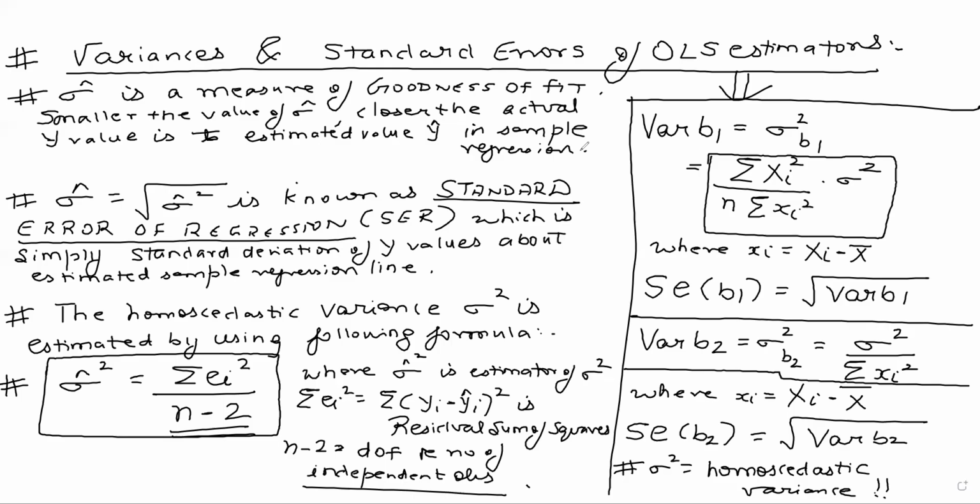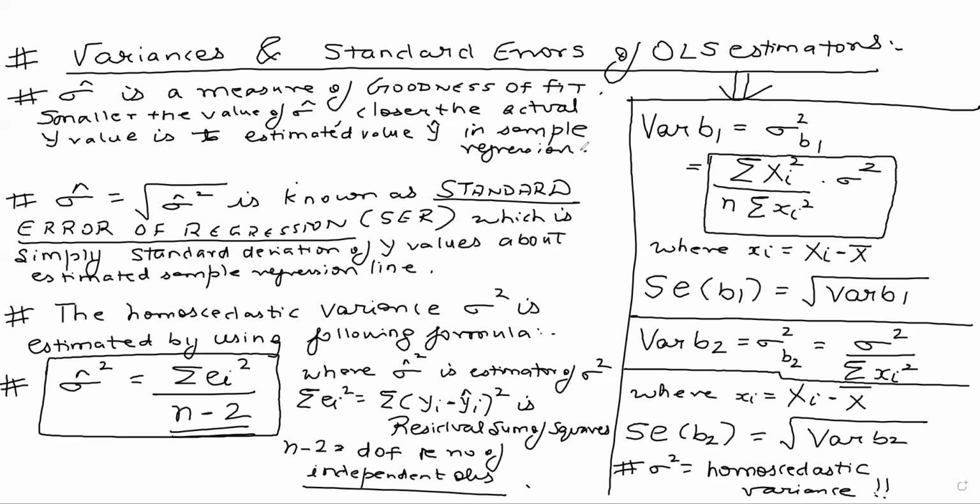Okay, so this is where I intend to stop in this particular lecture. What we have primarily covered are the key assumptions of the classical linear regression model, and we have looked at the variances and standard errors of the OLS estimators.